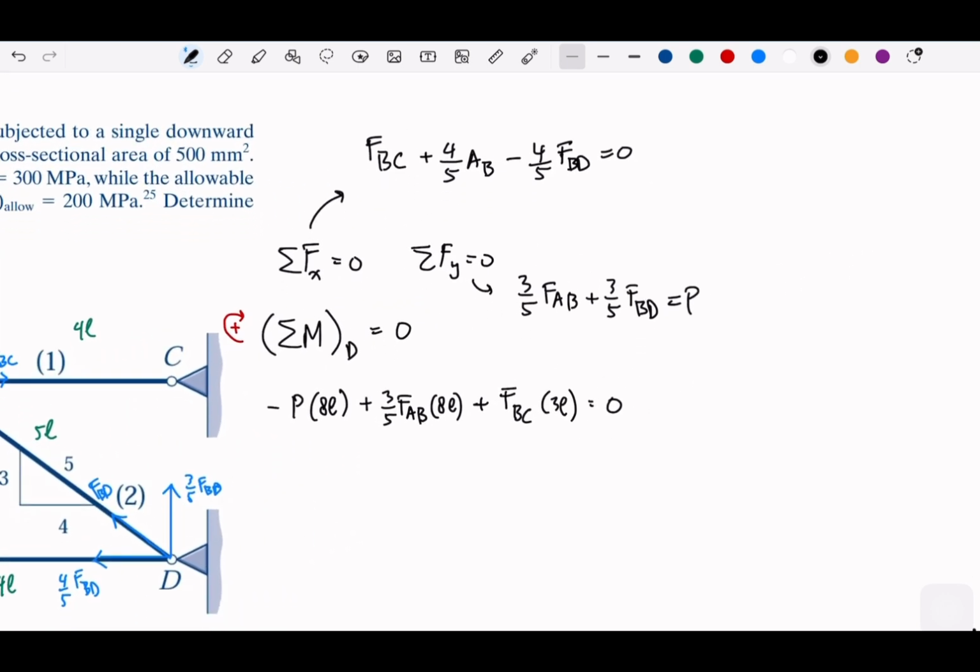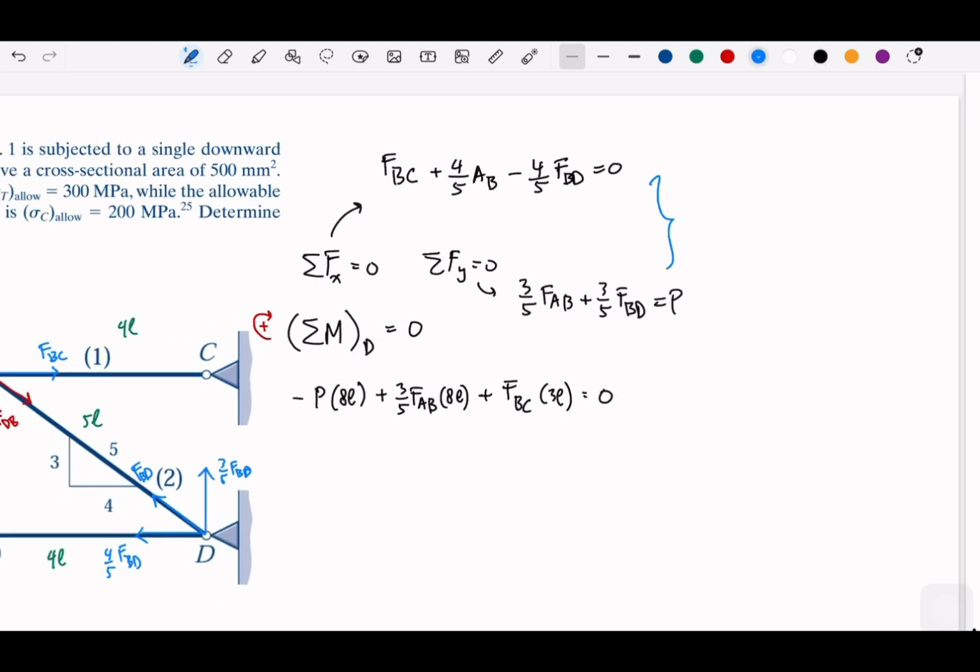And here I think we can solve using linear equations for this one.